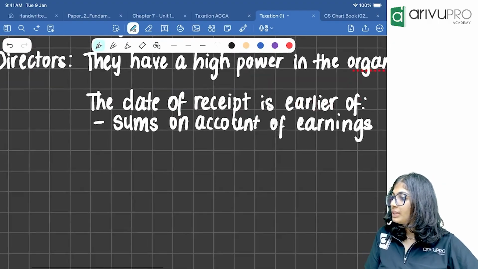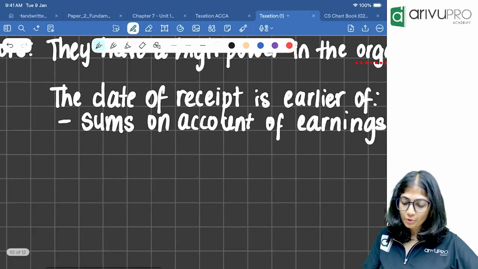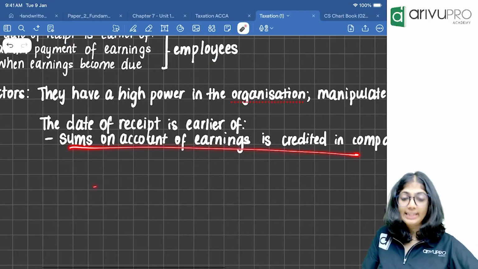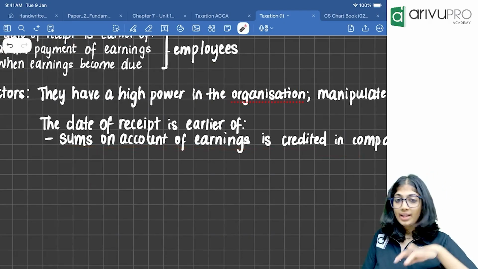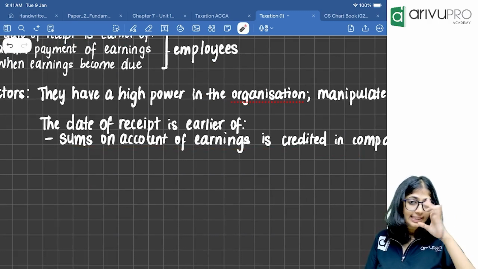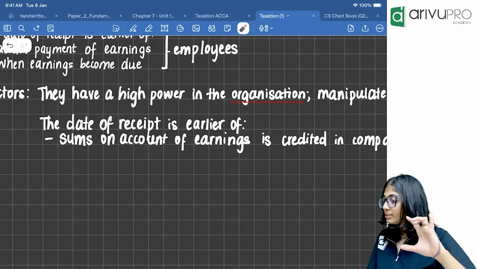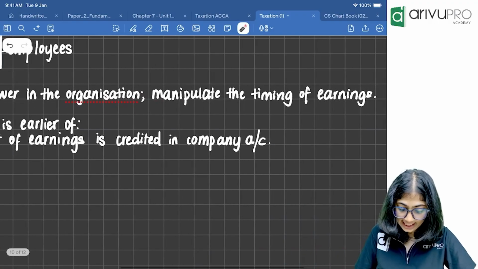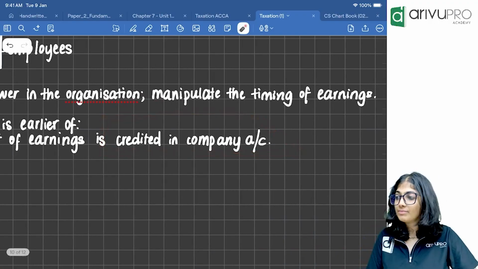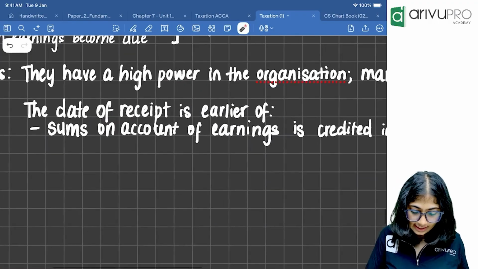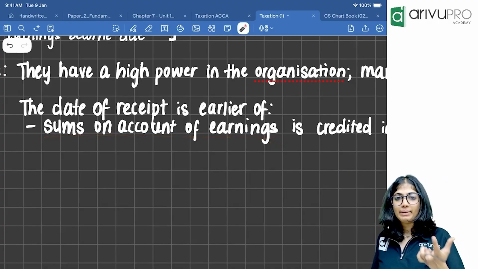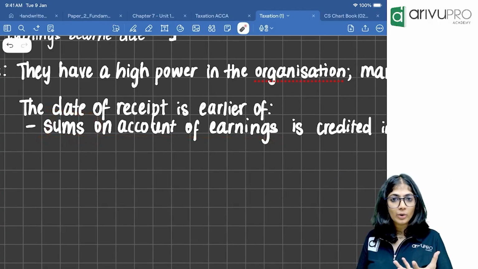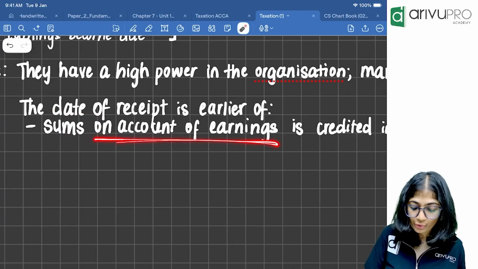Okay, the first one is sums on account of earnings is credited in the company account, that is, in the company's books of account, their journals, their ledgers, right? In those books, if it's actually credited in the company account on that date, okay? Sums on account of earnings basically means the amount of earnings.